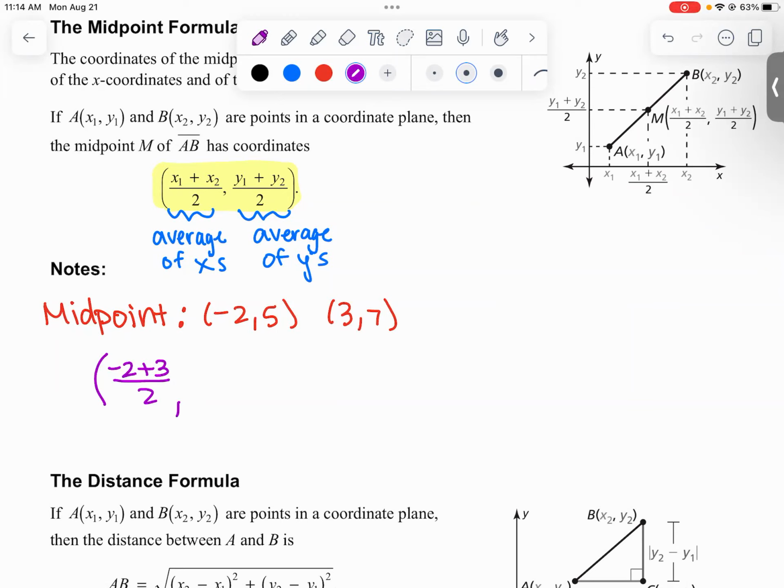You are going to take the y's, 5 plus 7, add them together, divide them by 2. So I put my x's together, I put my y's together. What does that give us for a coordinate? Okay, so whether you write it as 0.5 or as 1/2, and then 6. This is the midpoint of our line segment with endpoints of (-2, 5) and (3, 7).